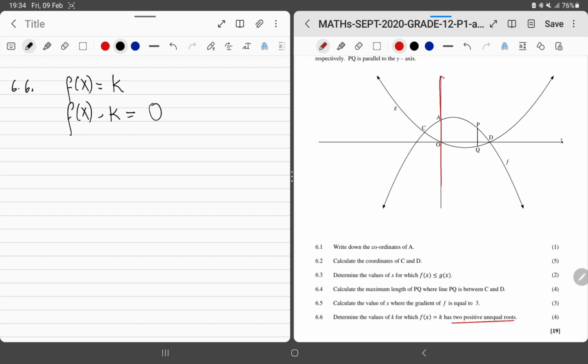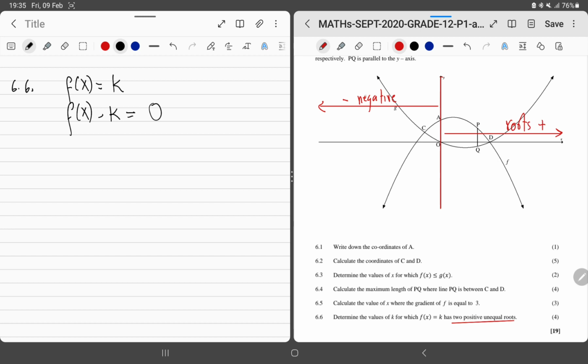This line right here divides the negative side, so this is the negative x-axis. So when you go in this direction, the roots must be negative. And then on the other side, from here going to the right, the roots are positive.